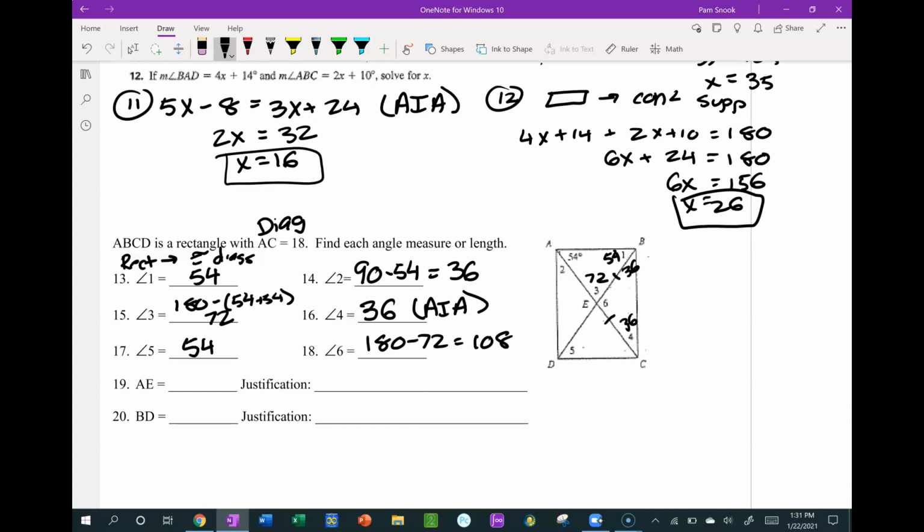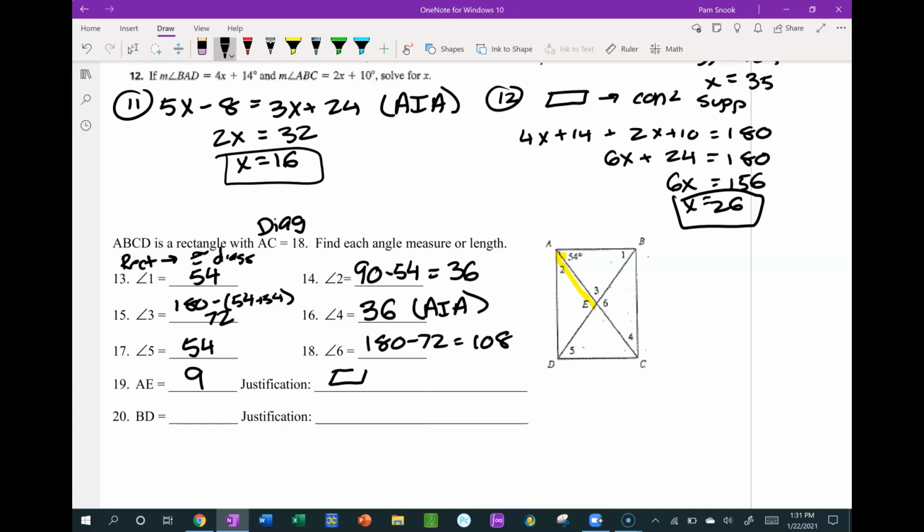Now let's look at some lengths. We're looking for the length of line segment AE. Let me highlight that for you. This one right there. That's what we're looking for. We know that AC is 18, and we know that in a rectangle, parallelogram, the diagonals bisect each other. So therefore, AE is going to equal 9.